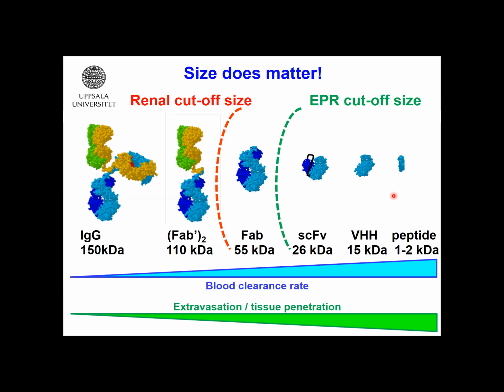So I would say that development of small polypeptides is the way to develop good imaging probes. The problem is that not all targets are receptors. So carcinoembryonic antigen, TAG72, they are just antigens.